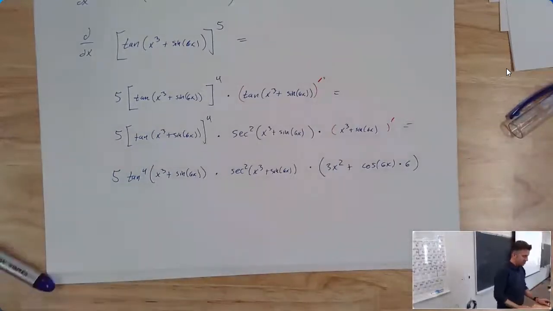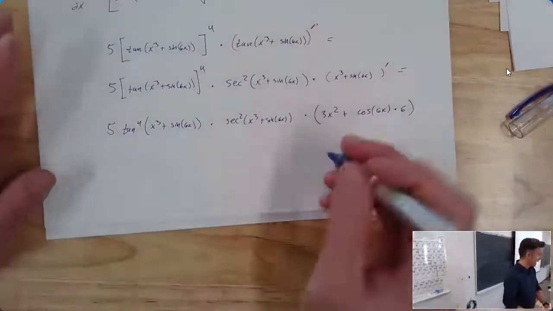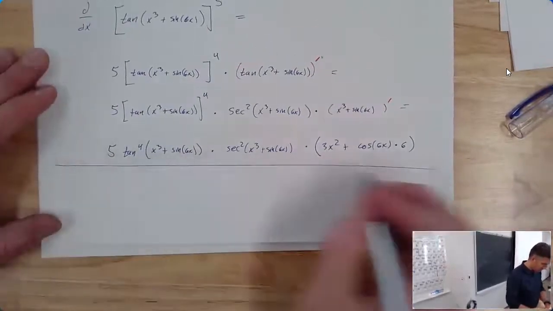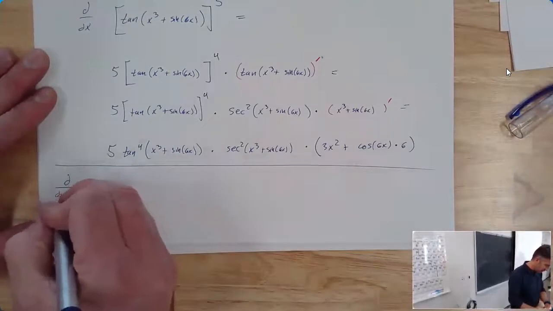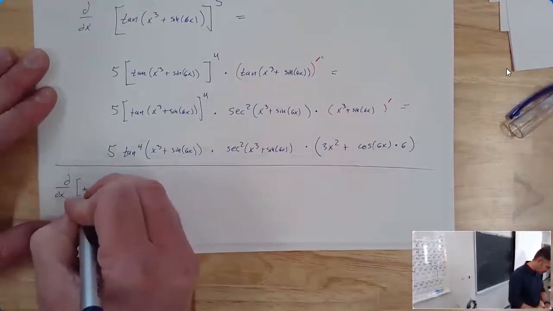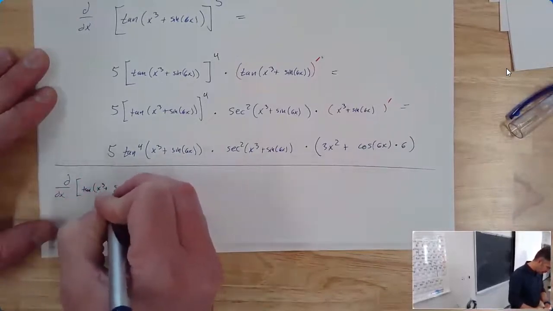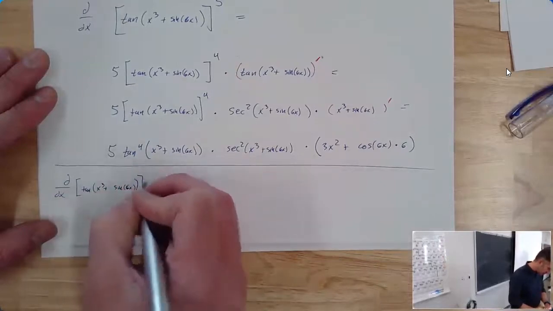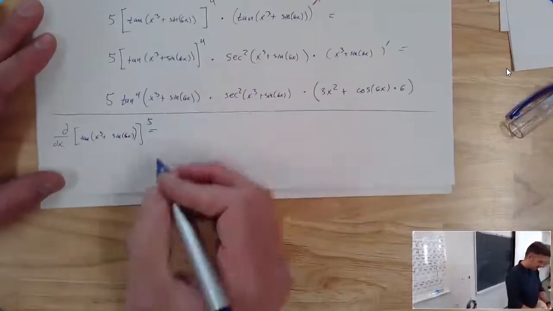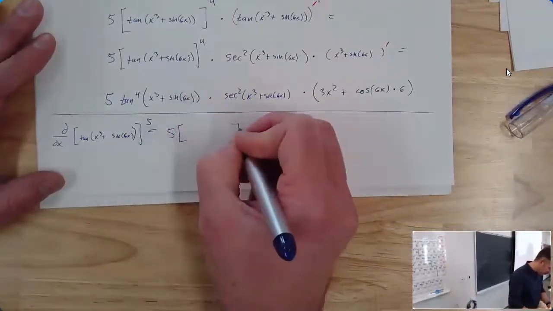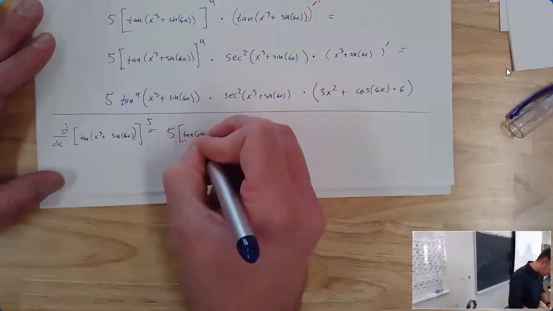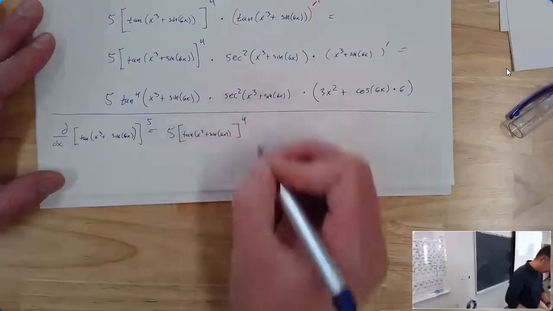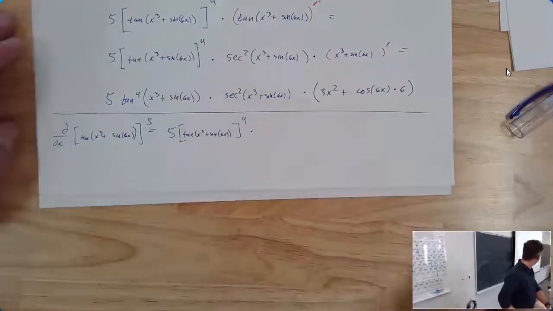So let me show you how I would do this if I was actually kind of doing it in one shot. So what I would really do is I would say, okay, if I'm taking the derivative of tangent of x cubed plus sine of 6x to the 5th power, that's going to be 5 times my stuff to the 4th times the derivative of the inside stuff.